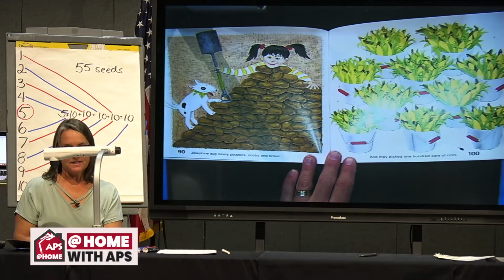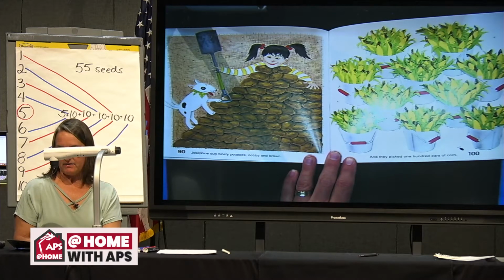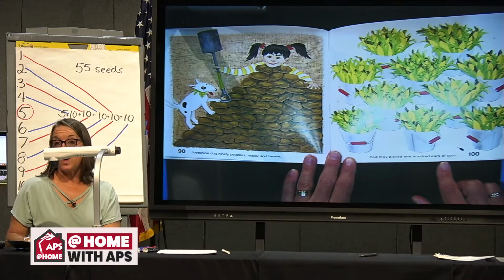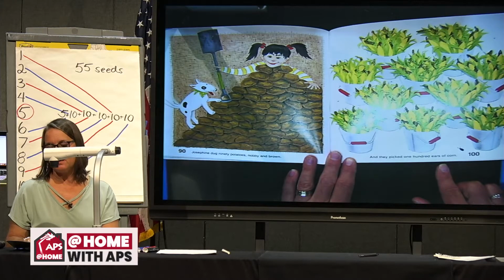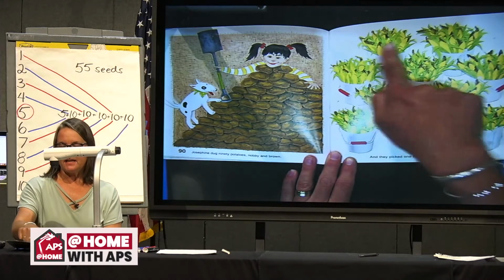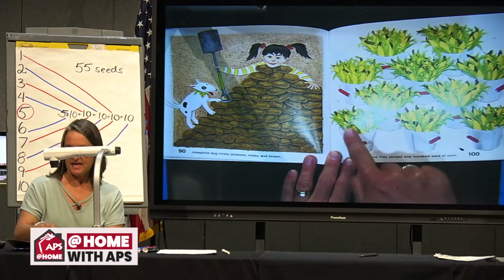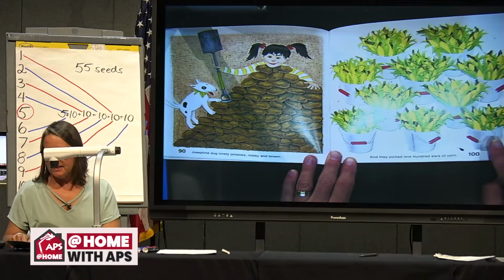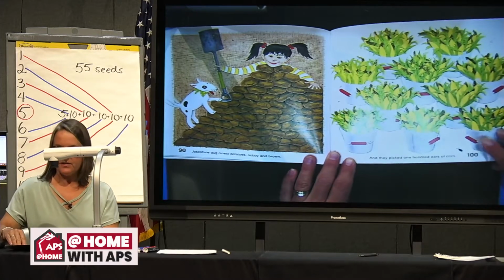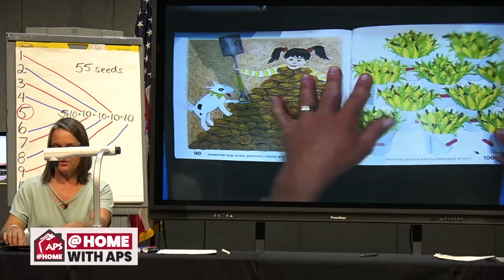Josephine dug 90 potatoes, knobby and brown. And they picked 100 ears of corn. 10, 20, 30, 40, 50, 60, 70, 80, 90. Yep, 100. There's really 100.